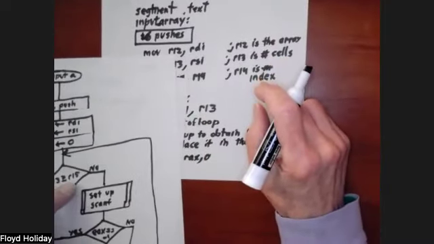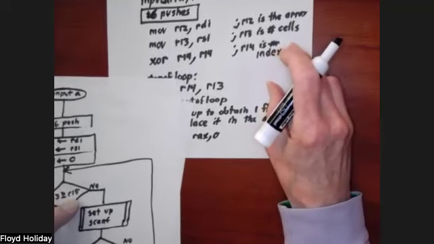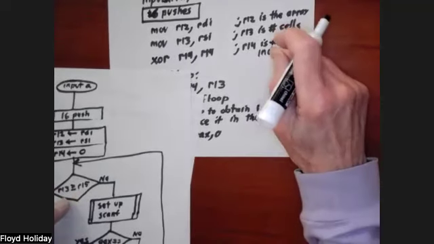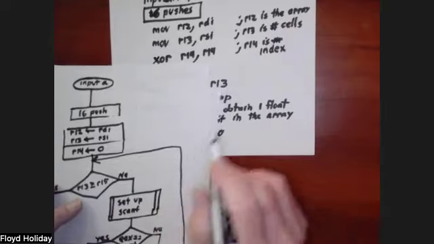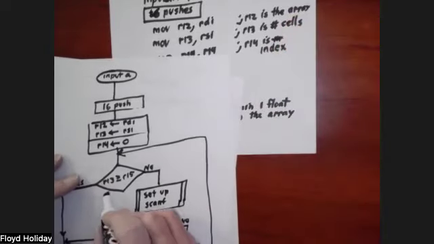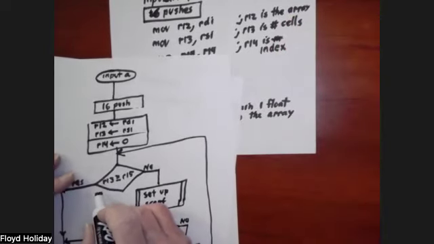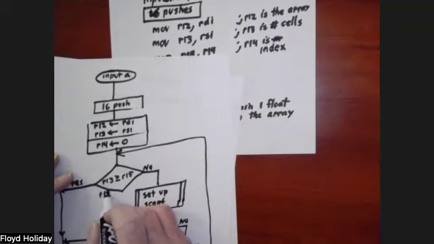R13 is index and the max size is no, R14. Yeah. But let's fix this. It's index compared against the maximum number of cells. I would have liked to have written R14. Are you greater or equal to R13?